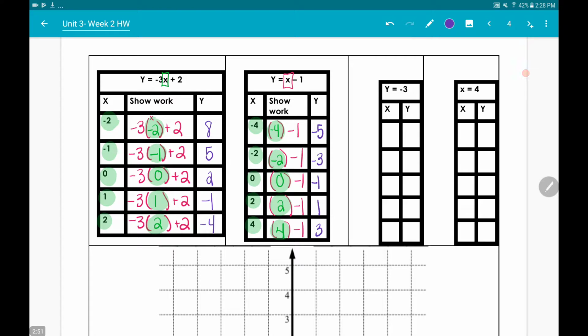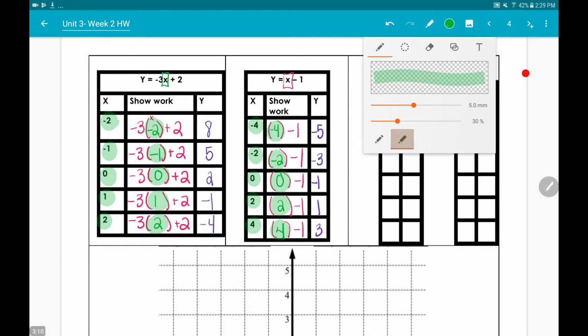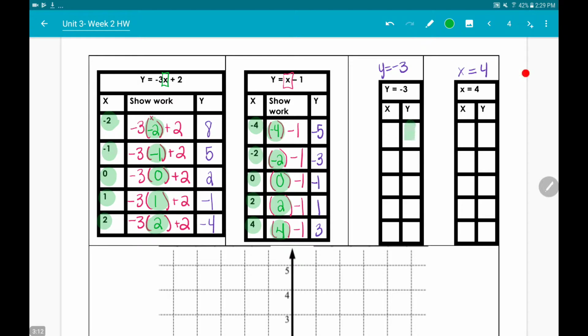Okay, the next two are y equals -3 and x equals 4. Okay, so those two aren't linear. These are our horizontal and vertical lines. So remember, when y is equal to -3, that means the y is not changing. So this is going to be the same based off my equation.